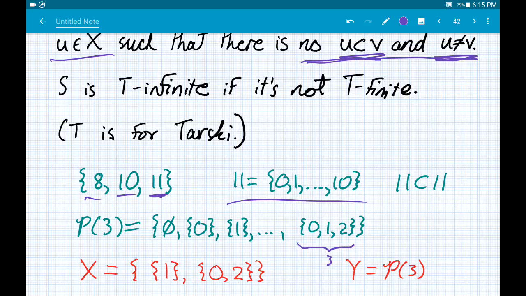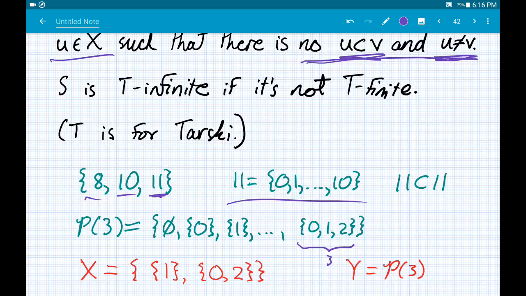Now let's think about T-finite. Take for instance the number 3, and let's investigate whether or not it is T-finite. Well, we want to first consider the power set of 3, which is the set of all subsets.